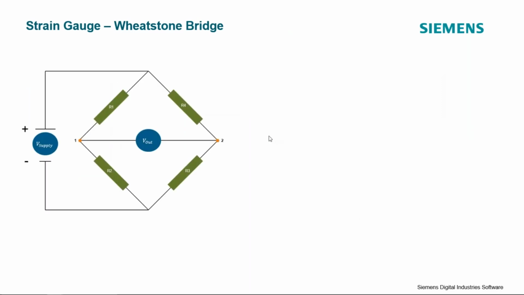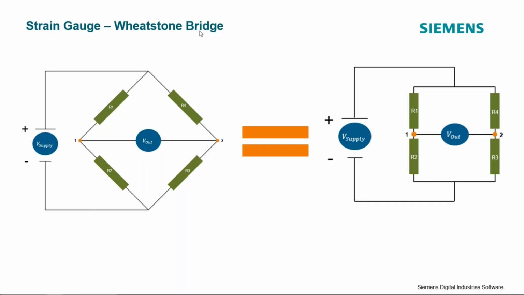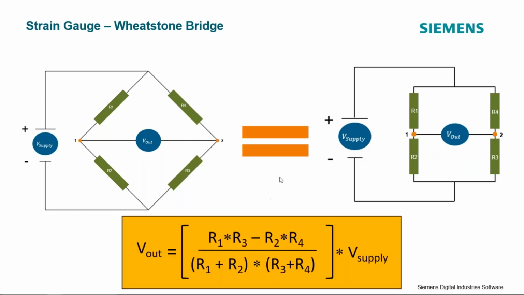Now, when we're measuring strain, we install this strain gauge in something called a Wheatstone bridge. So a Wheatstone bridge is basically just a voltage divider. We have a number of resistors in this circuit, and we are able to relate the output voltage, so the voltage measured across points 1 and points 2, to the voltage that we supply the circuit.